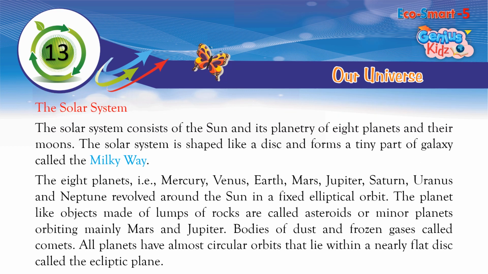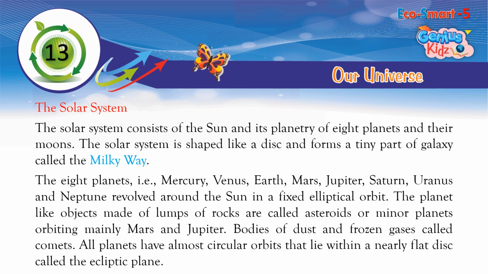The solar system. The solar system consists of the Sun and its planetary system of 8 planets and their moons. The solar system is shaped like a disk and forms a tiny part of a galaxy called the Milky Way. The 8 planets, that is, Mercury, Venus, Earth, Mars, Jupiter, Saturn, Uranus and Neptune, revolve around the Sun in a fixed elliptical orbit.